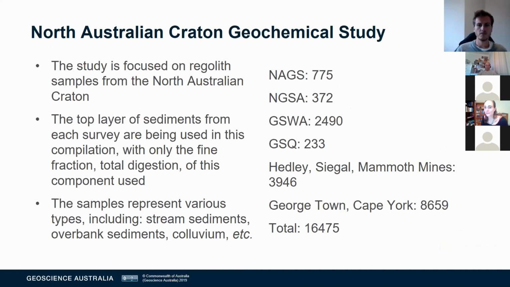I'll just cover some ongoing work that should hopefully be released before the end of financial year. In this case, it's our large-scale leveling program, where we're looking at current and historical surveys in order to create a seamless geochemical data set for the North Australia Craton. So in this case, we've only taken those top sediments, that 0 to 10 centimeter interval, and only the total digestion and fine fraction. So this is primarily a less than 75 micron fraction, with some less than 180 micron fractions also in there.